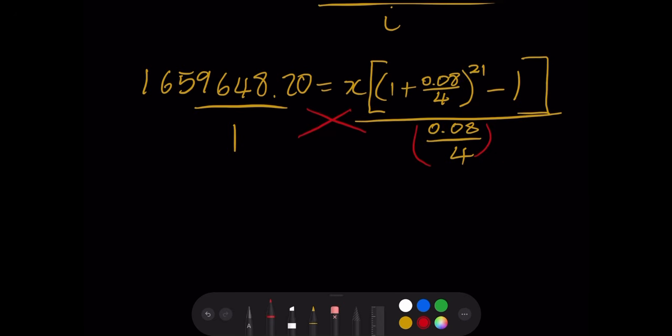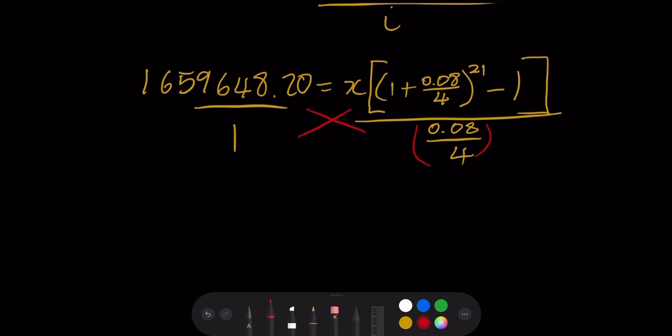I'm going to try and do that. So that's 1,659,648 and 20 cents. You're going to multiply that by 0.08 over 4. So this is us cross multiplying.